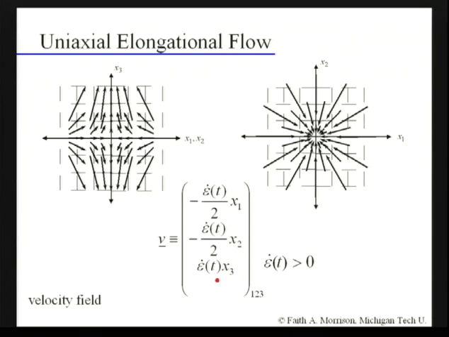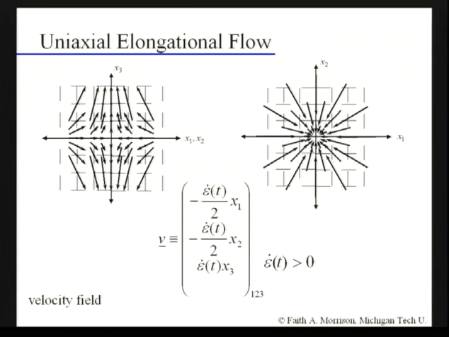This is the velocity in the 3 direction is positive. In the 1 and 2 directions, the velocity is negative. It's coming inward. There's some sort of a mass balance there, which we haven't talked about yet, but it must be the case that this extends and these two both contract at half the rate due to the mass balance.